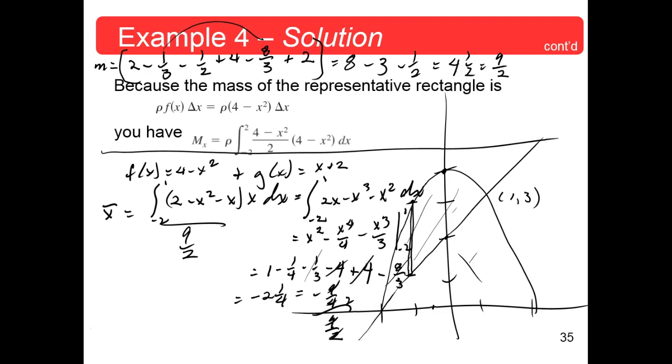Okay? I know I just said it, but I don't know where I wrote it down. I guess I did. So negative 1/2. I just wrote it down here. Okay. So our x bar is negative 1/2. So all right for me to erase that? Okay.